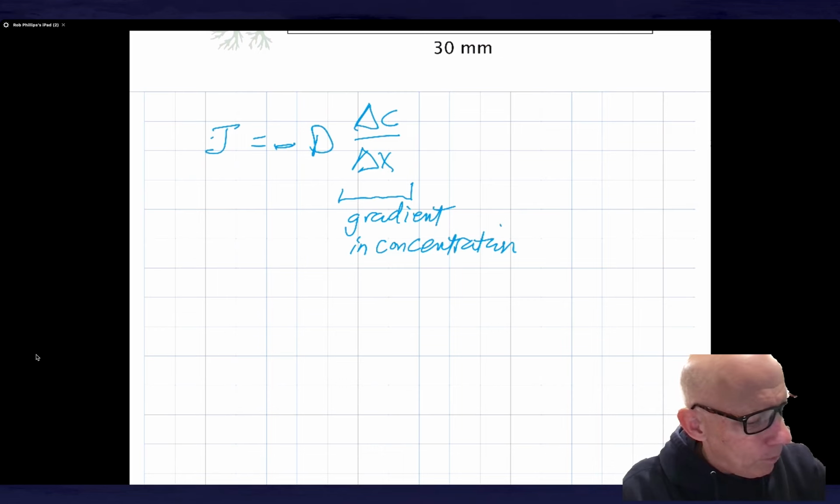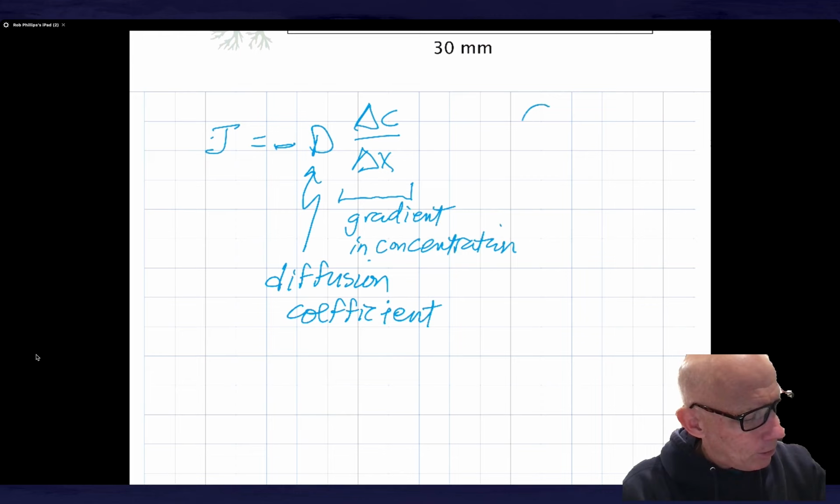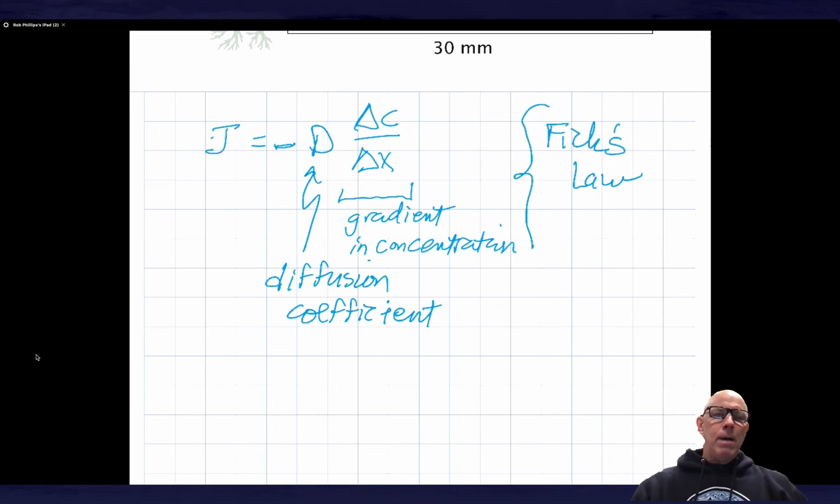And that constant of proportionality is called the diffusion coefficient. So this whole law that we're articulating here, it's a phenomenological law, is called Fick's law. And one of my big themes this term is going to be my deep support for phenomenology and for phenomenological laws.